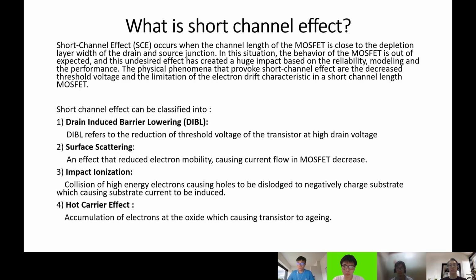This impact ionization causes the collision of high energy electrons, which causes holes to be dislodged to a negatively charged substrate, causing the substrate current to be induced. The last is the hot carrier effect, which causes the accumulation of electrons at the outside, causing the transistor to age.